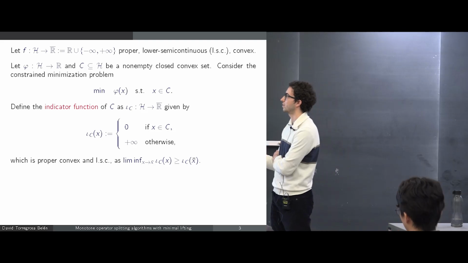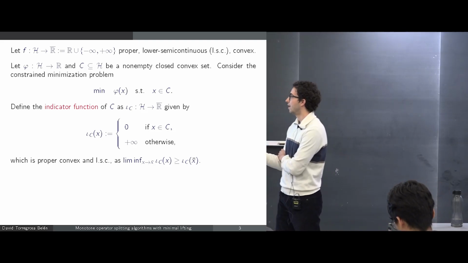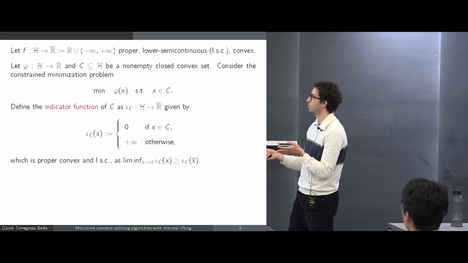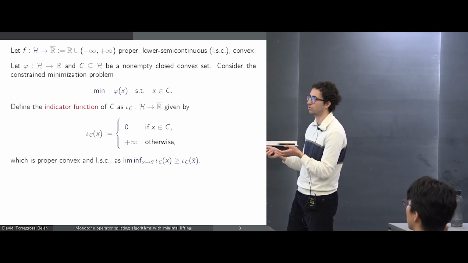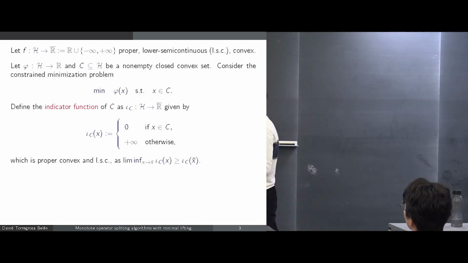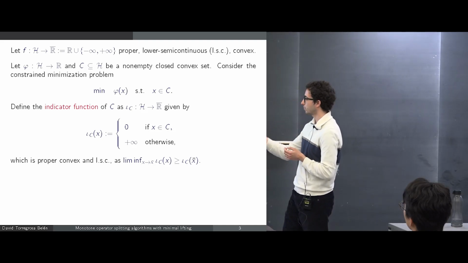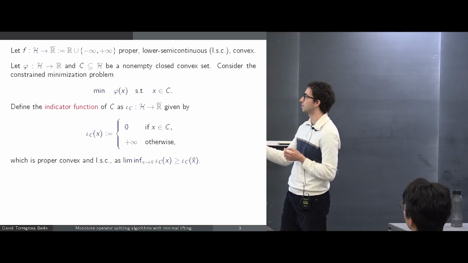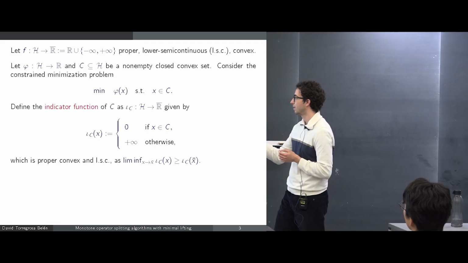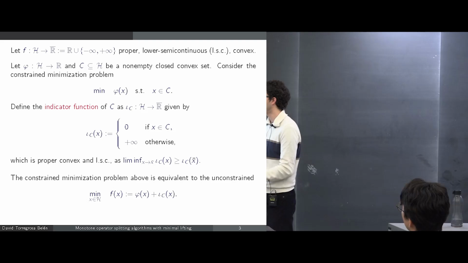So this function is an extended real valued function, and it happens to be proper because the set is non-empty, so there's always one point at which the function takes the value 0, and it's also lower semi-continuous.